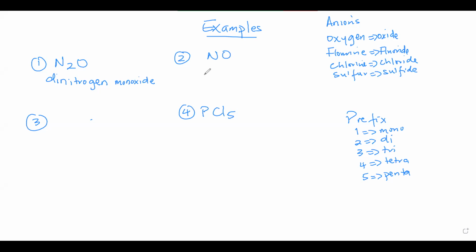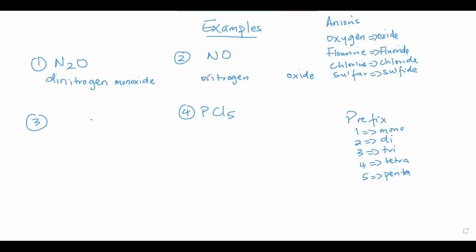Now we do the same thing here, following the rules. The first element is nitrogen. The second element's IDE name is oxide. Now we have one nitrogen, and the fourth rule says that if the first element is only one, you don't use mono.